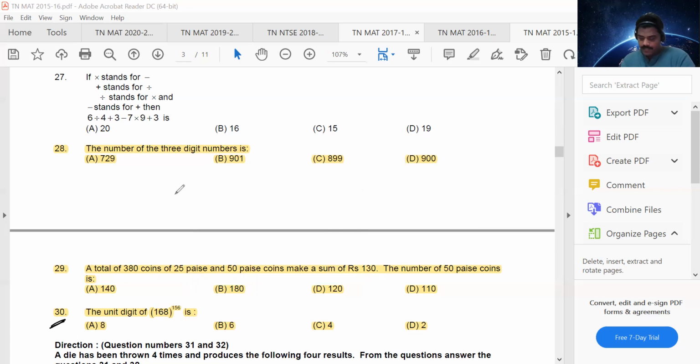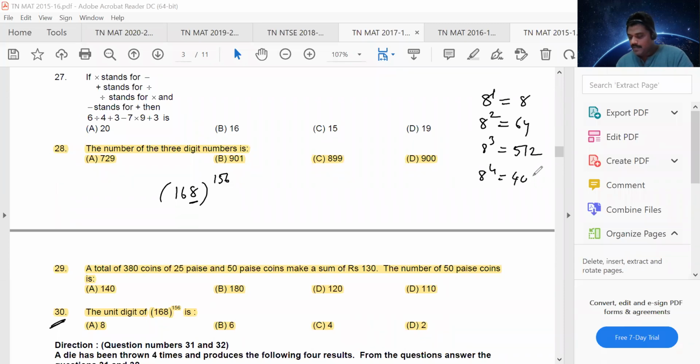Unit digit of 168 power 156. First of all, in the units place, I am having 8. What is the cyclicity of 8? 8 power 1 is 8. 8 square is 64. 8 cube is 512. 8 power 4 is 4096.